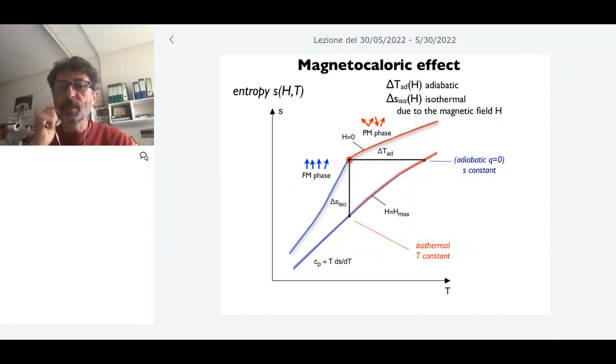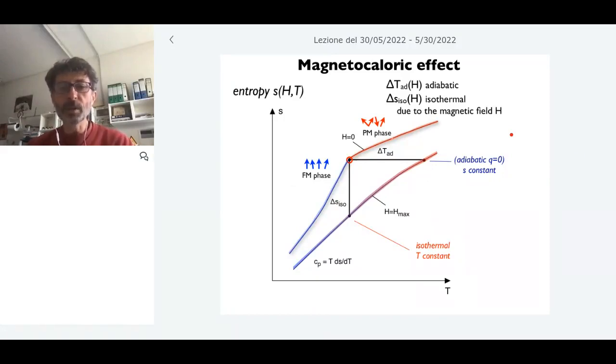Well, the idea is the following: if we consider the transition between the ferromagnetic phase, ordered, where the spins are all parallel, and the paramagnetic phase, we have a change of entropy. We pass from order to disorder. Therefore, if we apply a magnetic field, we can change this order and disorder, and so we have a change in the thermodynamic state.